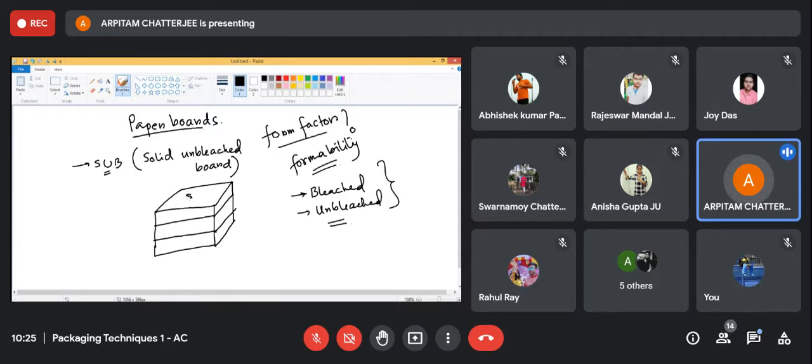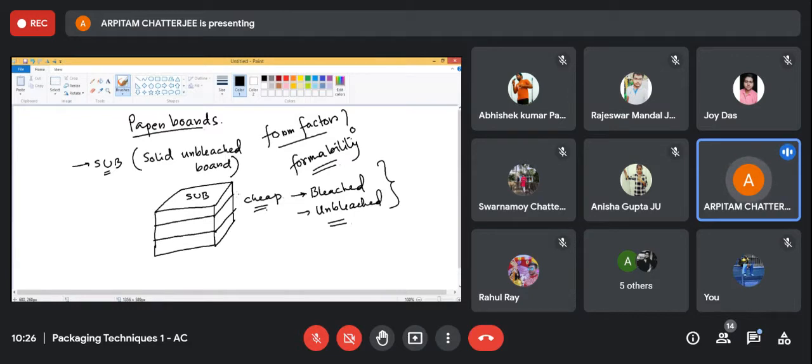This SUB is cheap actually, not very expensive, and it has a good amount of strength but not very high strength. It is an inexpensive board stock.